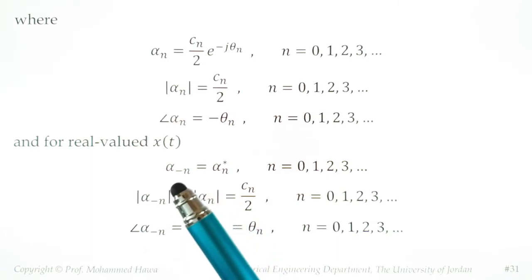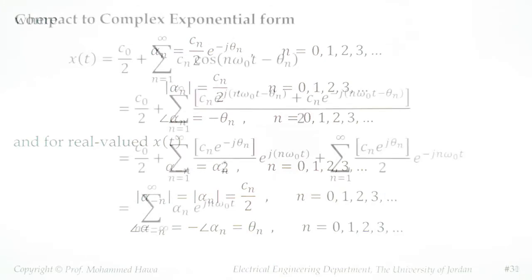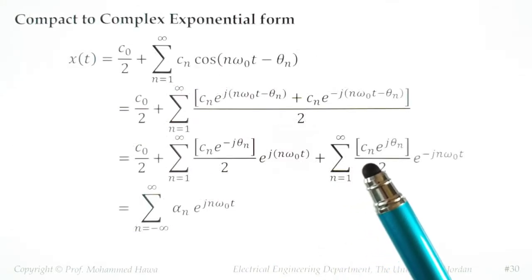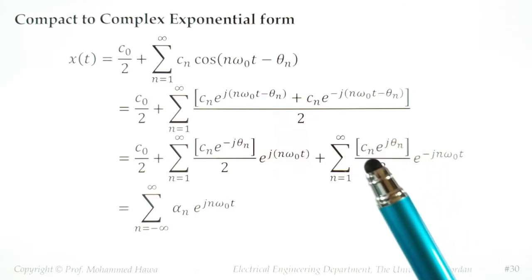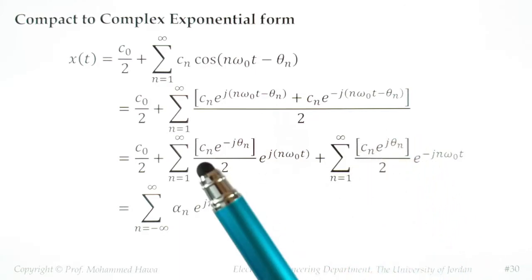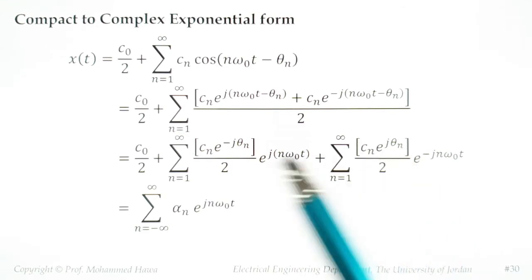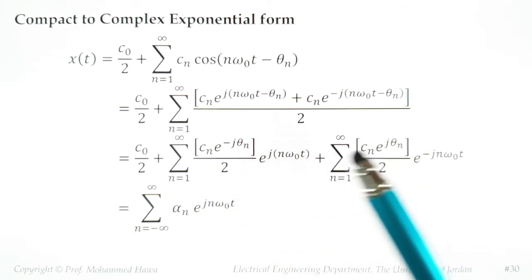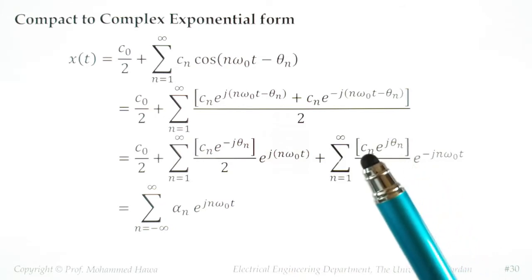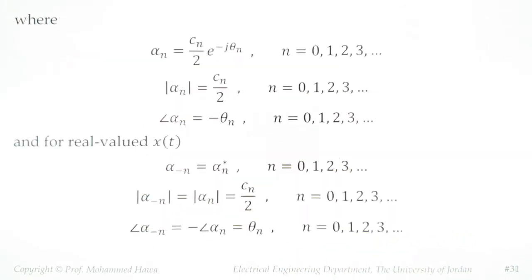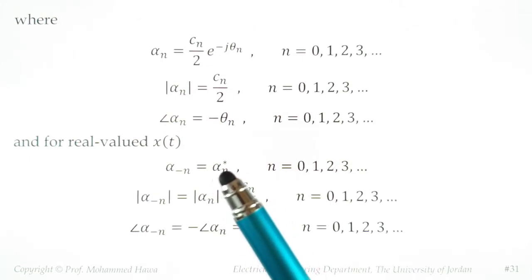How about the values for alpha negative index, alpha minus 1, alpha minus 2, alpha minus 3, alpha minus 4? Well, you see from our derivation where we assumed a real valued signal that the difference between this alpha for the negative n and this alpha for the positive n is only in the phase shift. Instead of minus theta n here, I'm getting positive theta n. Otherwise, the amplitude is exactly the same. And that's simply a conjugate of a complex number.